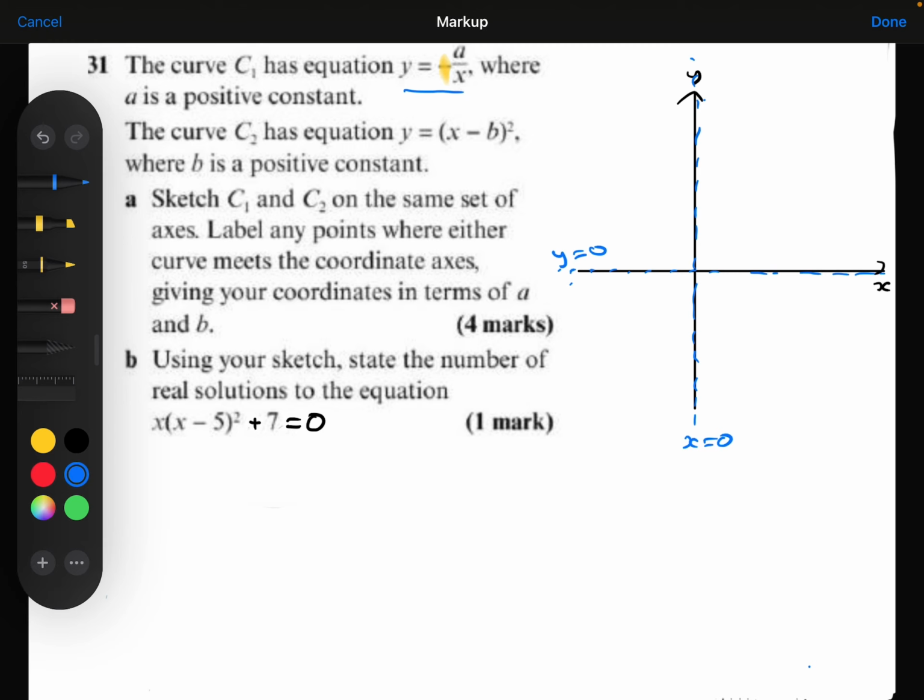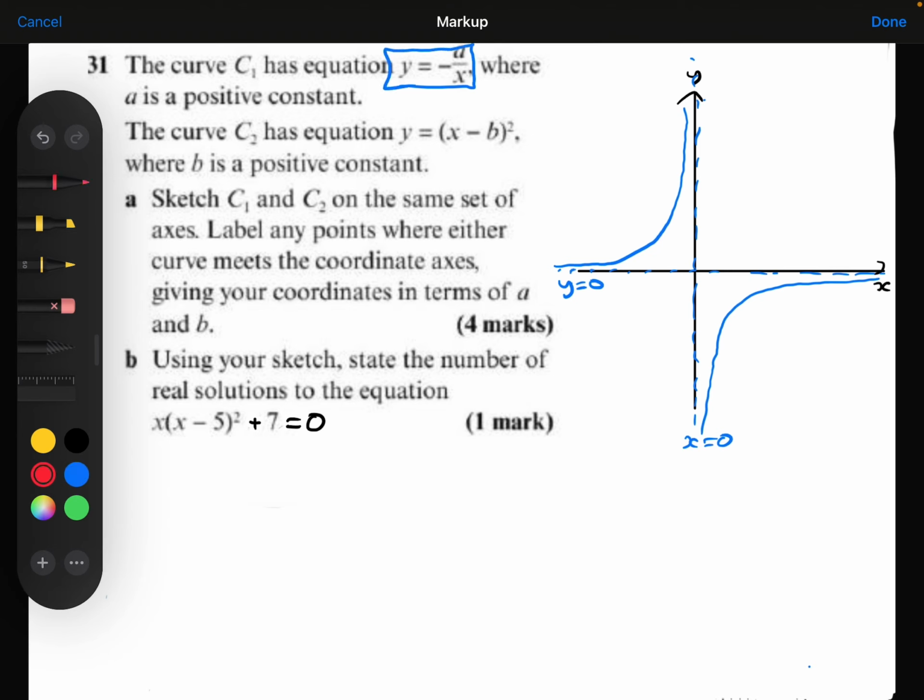So actually it's going to be looking more like this, in these quadrants. So there we go. That is my graph for the C1.